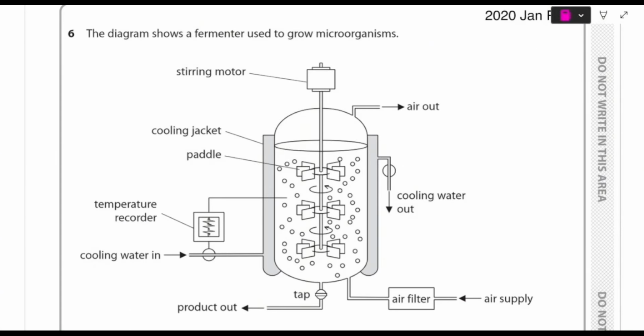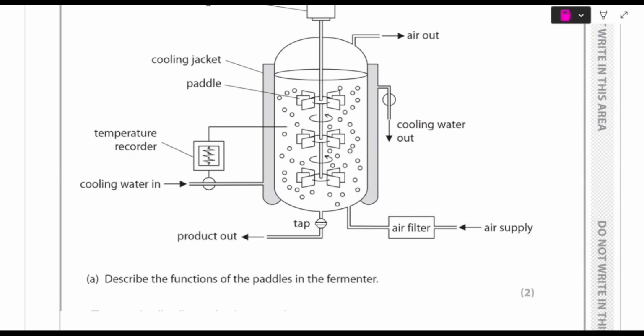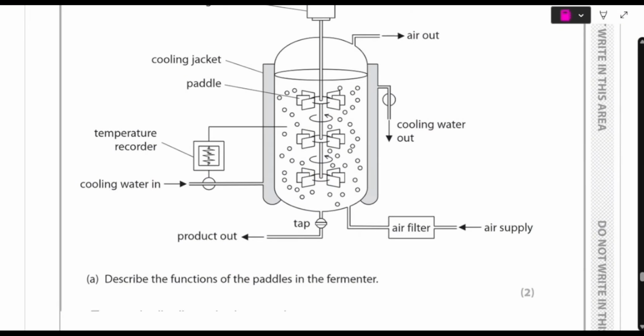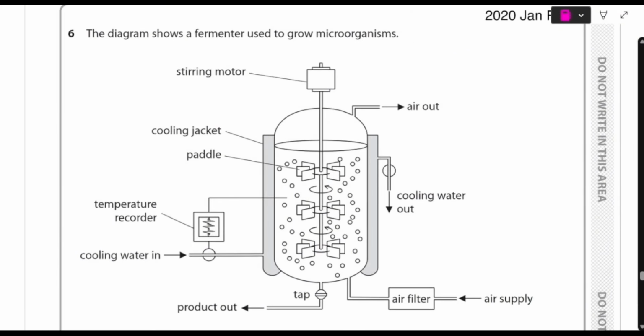Next, we have a fermenter, which is used to grow organisms. Describe the function of paddles in the fermenter. So, here, these are the paddles.